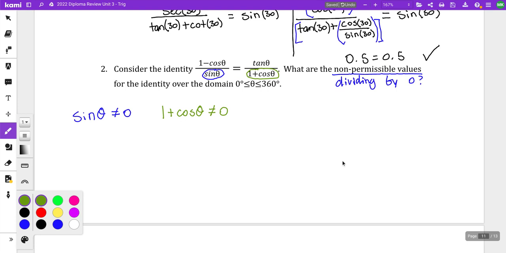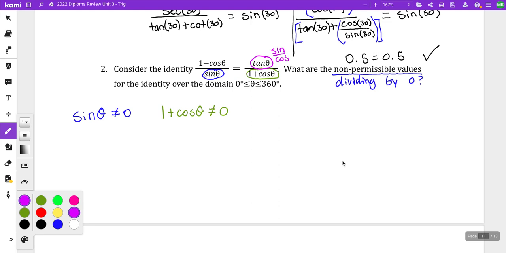There's a third one. What's the third division that I have in that question? Sneaky. That cos theta can't equal 0? Yeah. The reason why is because tan is really sine over cos.